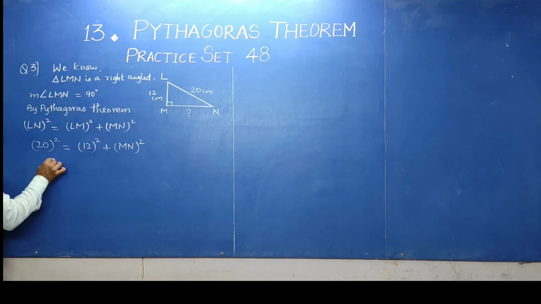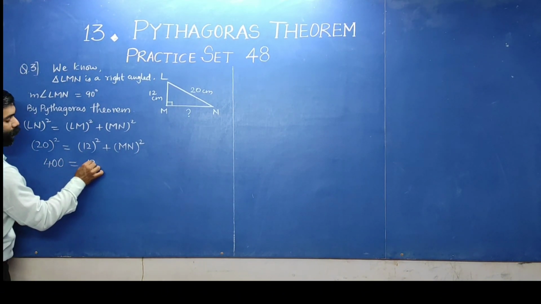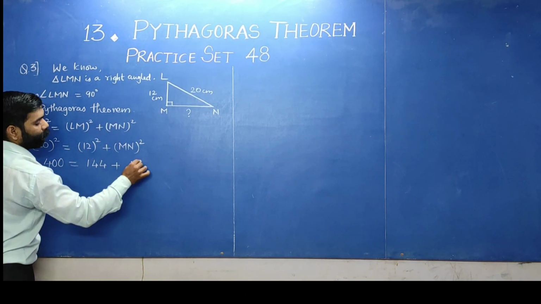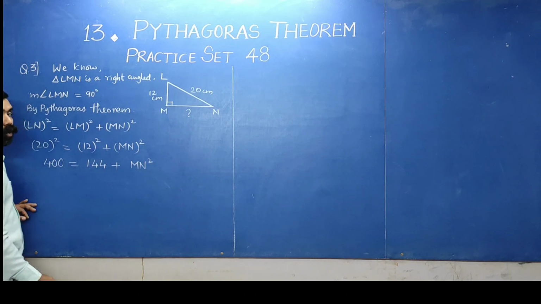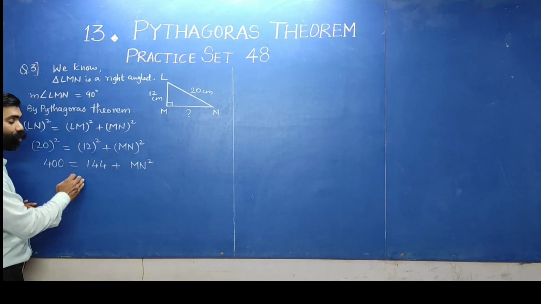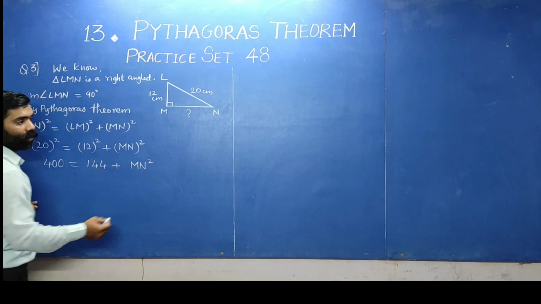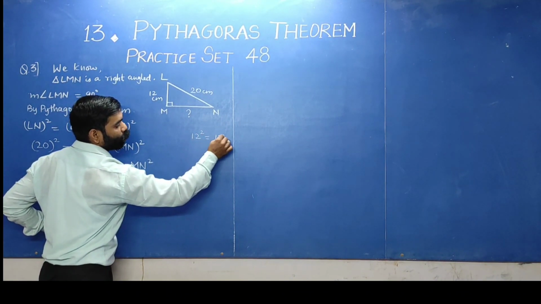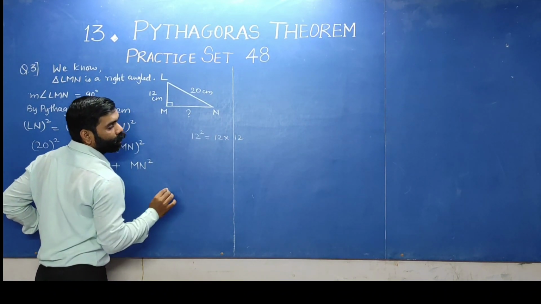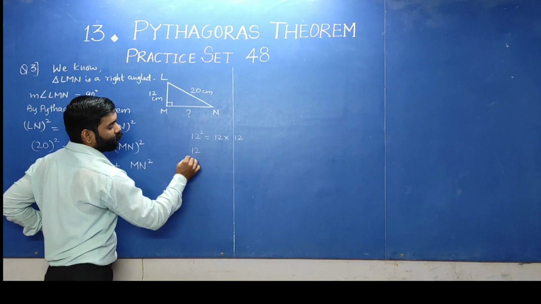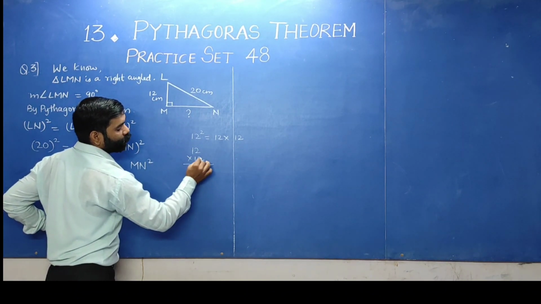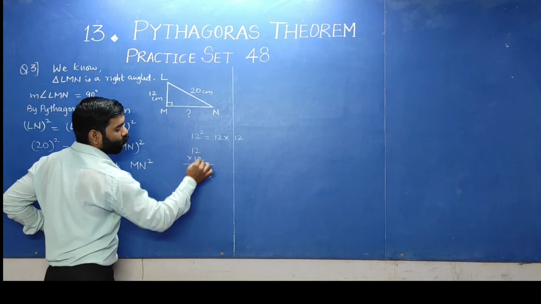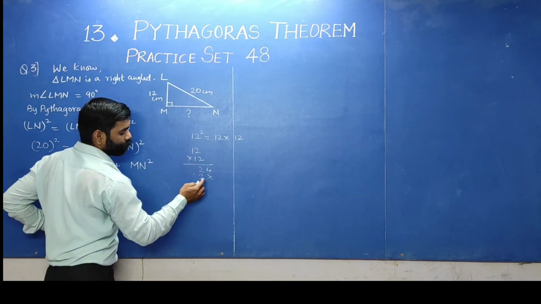20 square is 400, 12 square is 144, MN square. I hope students you have understood how we are getting squares. 12 square is written as 12 multiplied by 12. 2 2s are 4, 2 1s are 2, 1 2s are 2, 1 1s are 1.